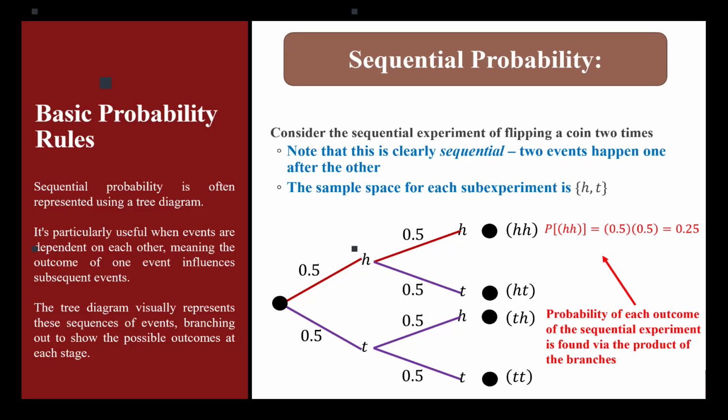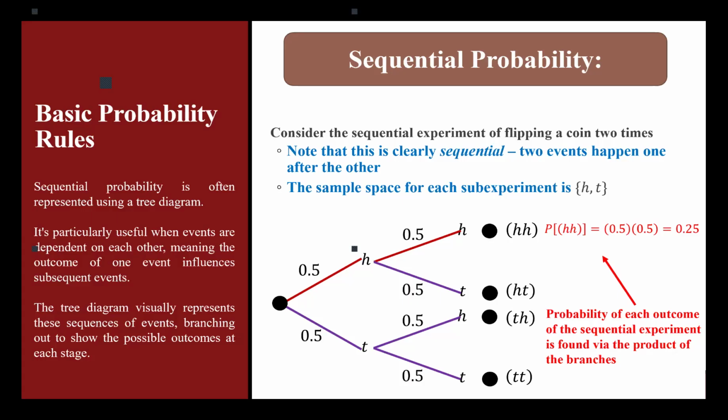For example, we had two coin flips in a sequence. The first one could be head or tail, and let's say it's a fair situation. So we have 0.5 probability of having a head, 0.5 probability of having a tail. The possible outcome is either of the two.